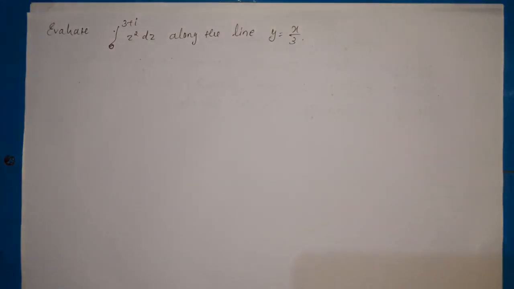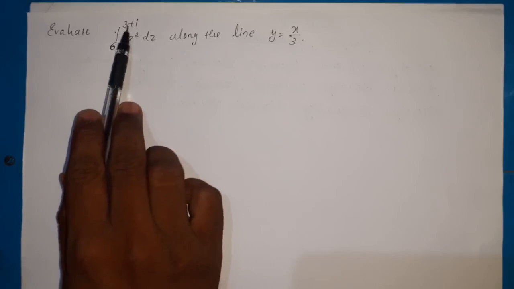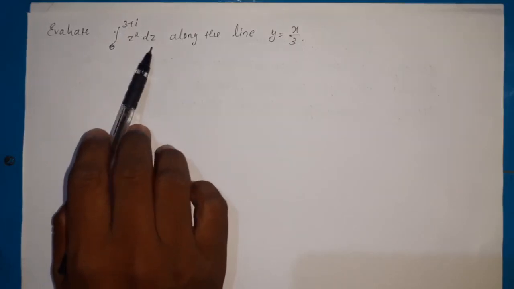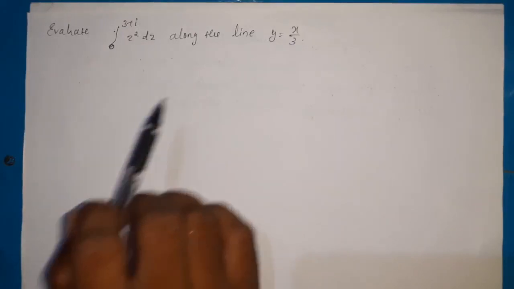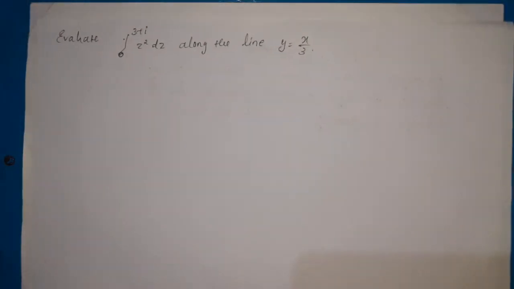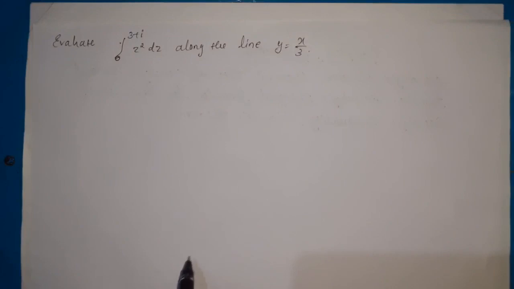Let us discuss the examples on the complex line integral. Evaluate the integral from 0 to 3 plus i of z square dz along the line y is equal to x by 3. So this is the given example. Here the limits are from 0 to 3 plus i.